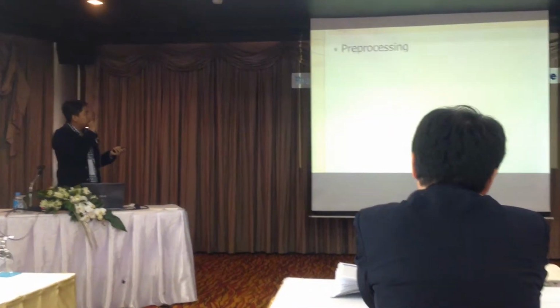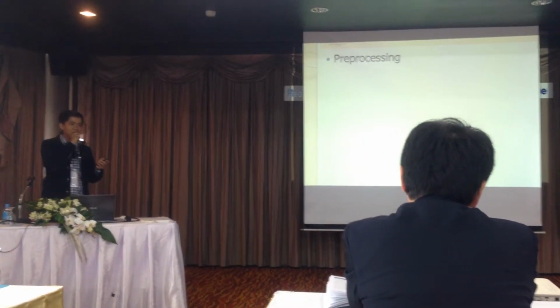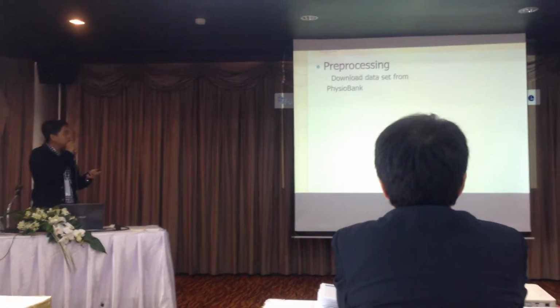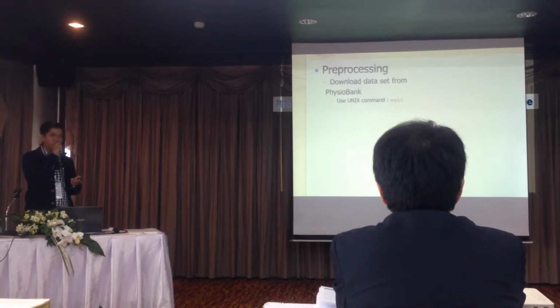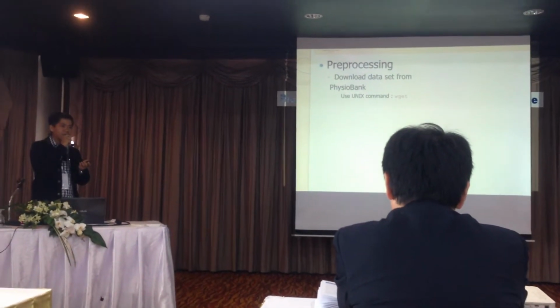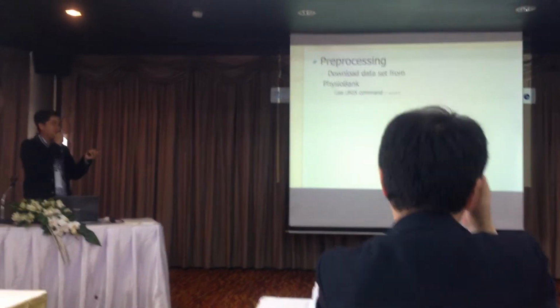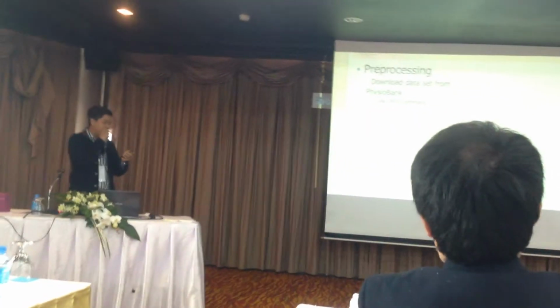Okay, now I would like to tell you about the pre-processing. We have 3 steps of pre-processing. First, we download the data set from the Visual Bank by using a Unix command. Just use wget, and we can get all the data set from the web of the Visual Bank.